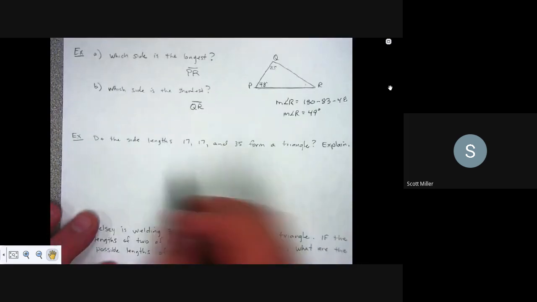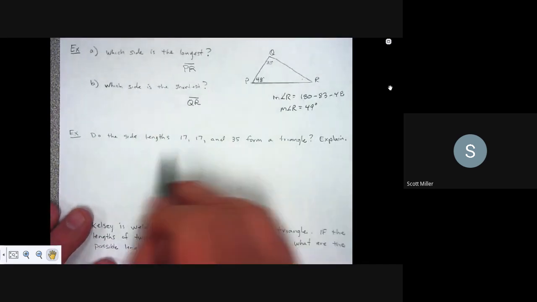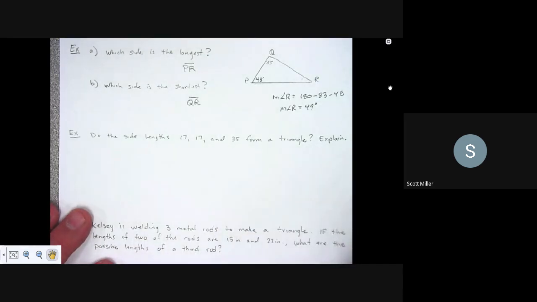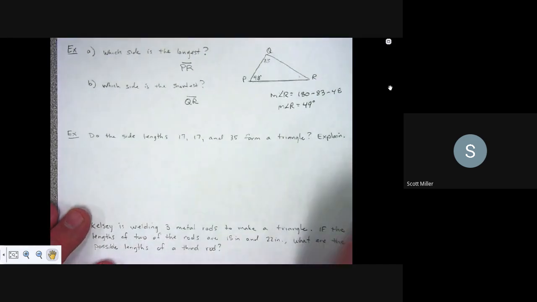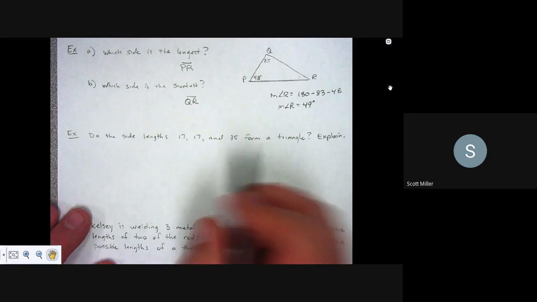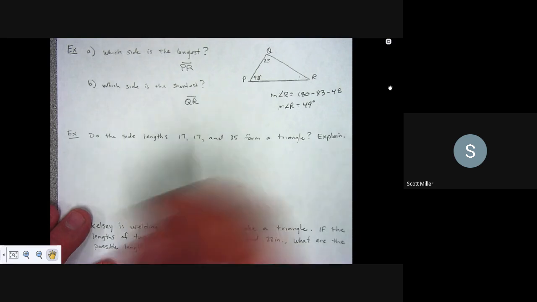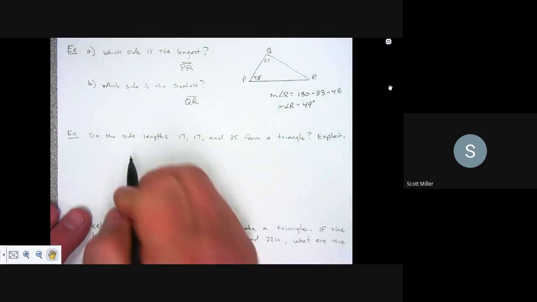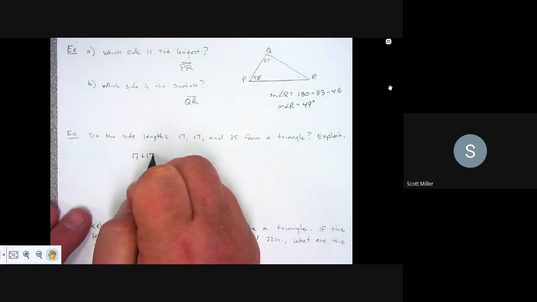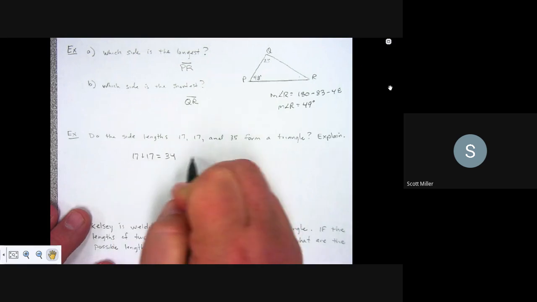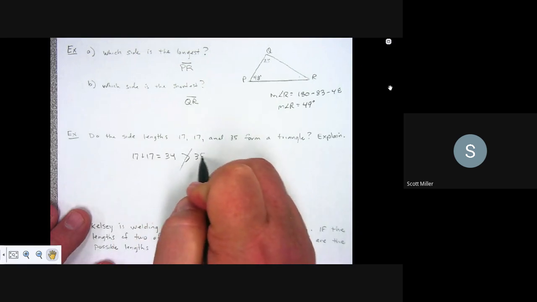The other one would be asked a question like this. Okay, do these side lengths form a triangle? Explain. If they formed a triangle, then I can pick any two sides, add them together, and they must be larger than the other side. So take the two smallest sides, add them together, but that is not greater than 35.